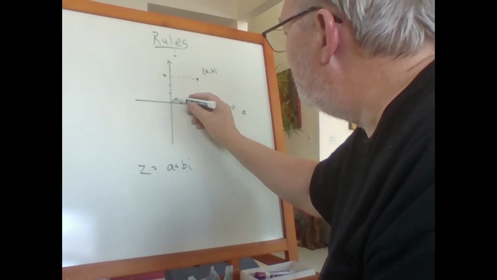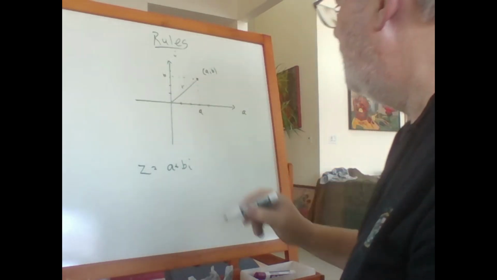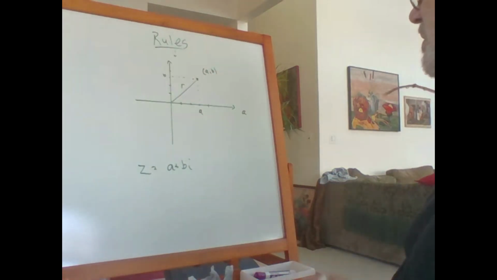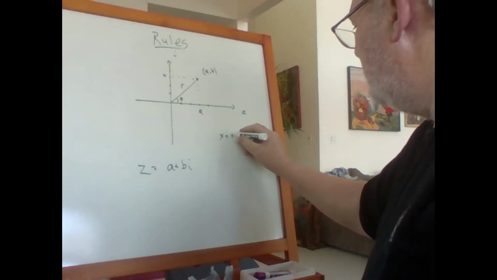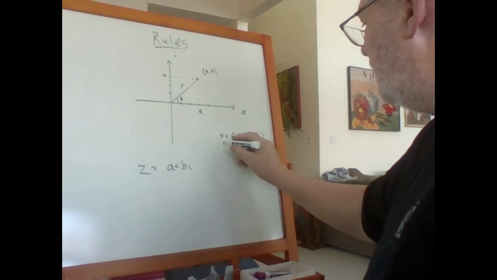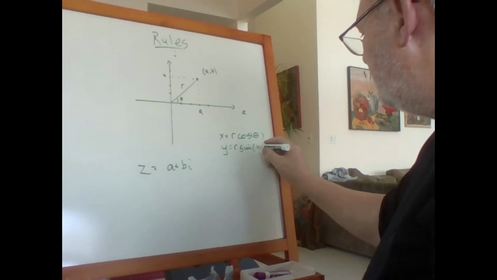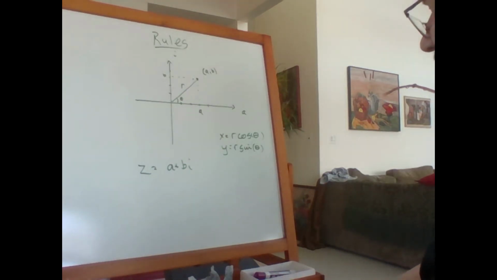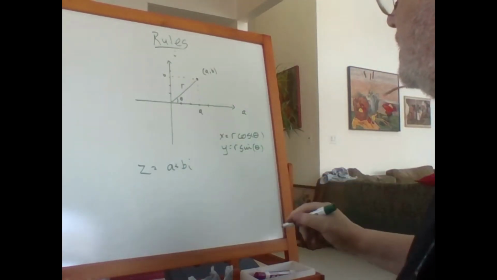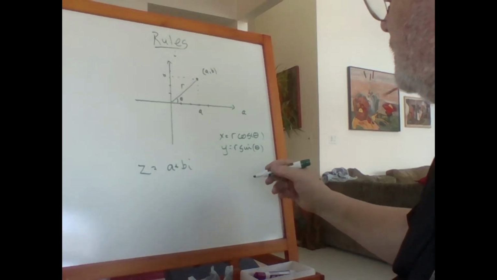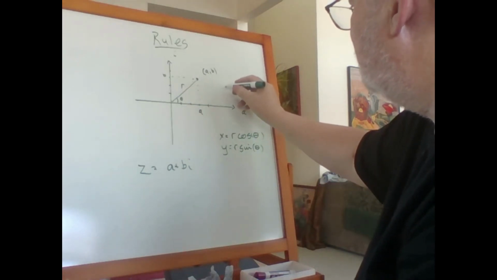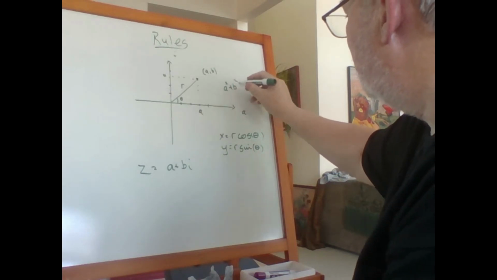But remember, we can find the components. We got R right there, not a very nice R. We've got an angle, theta, and we know that x is equal to R cosine theta, and y equals R sine theta. Well, in this situation, R would be, by the Pythagorean theorem, a squared plus b squared equals r squared.